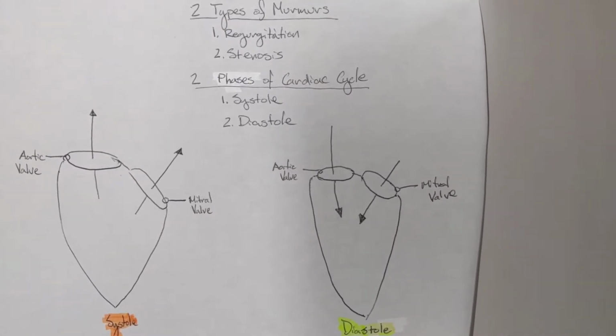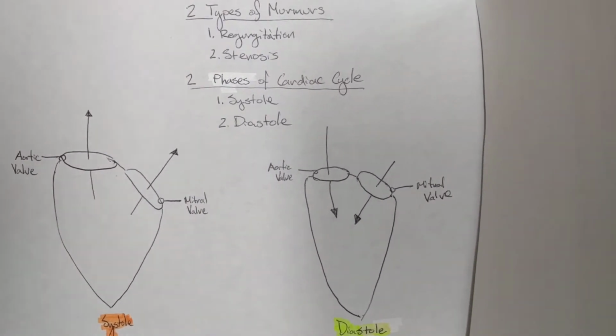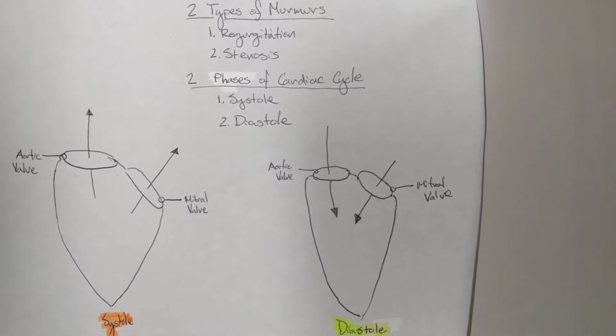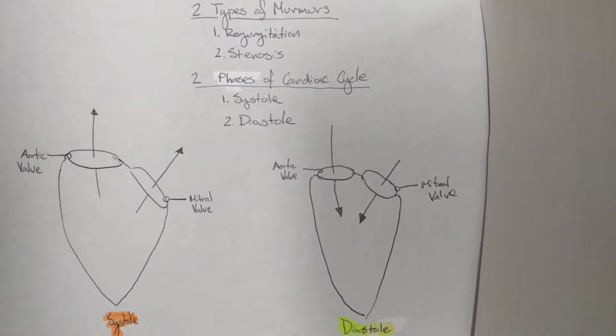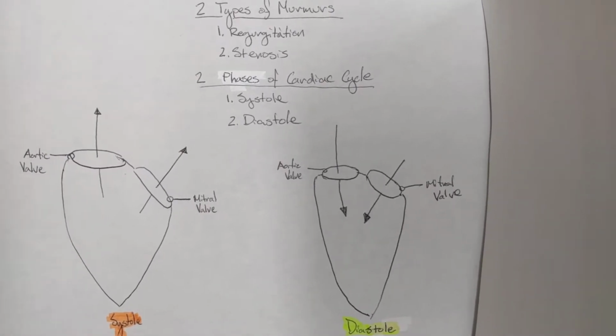This can be a very devastating disease. So you're going to want to follow these patients closely with echocardiogram, because the mortality rate is really high as it becomes more severe, and these patients are going to need a valve replacement eventually.